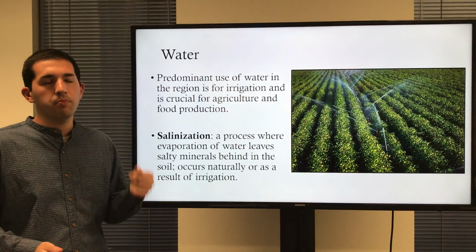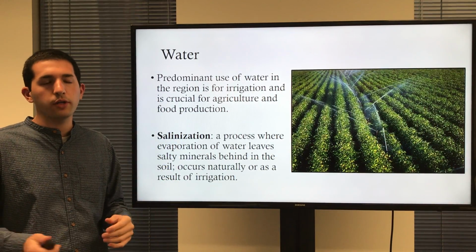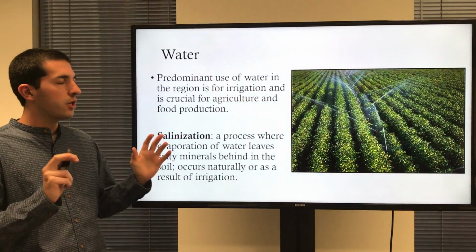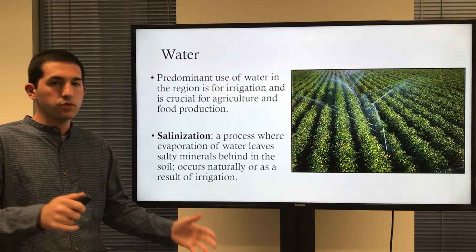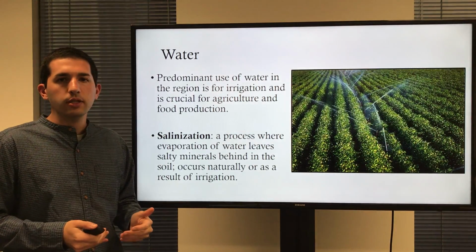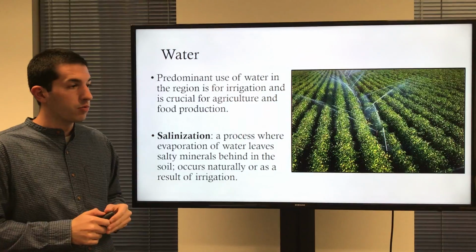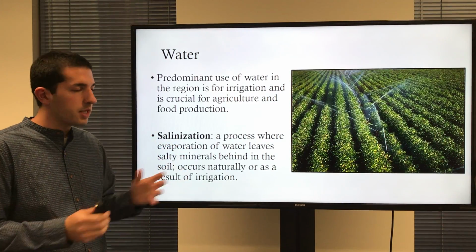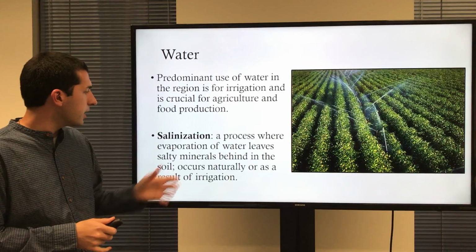So it's not balanced, but of course we know that 70% of all water use in the world goes to irrigation and agriculture, so not to be surprised that this region is any different. Certainly going to have a need for irrigation here because relying on natural water to come from the sky or from some of these other areas, certainly not happening.